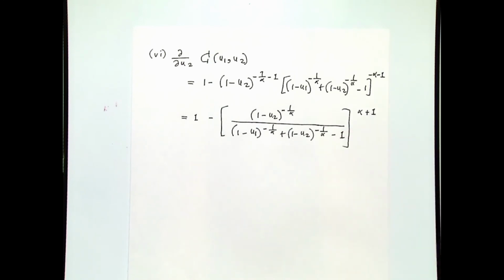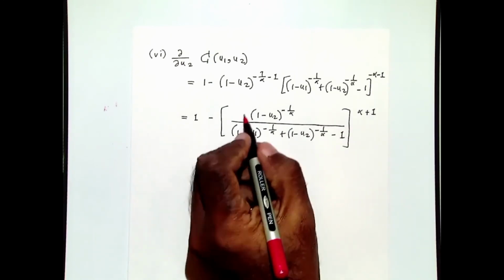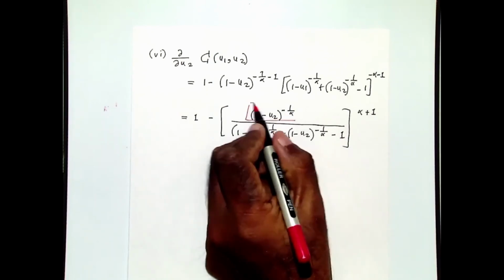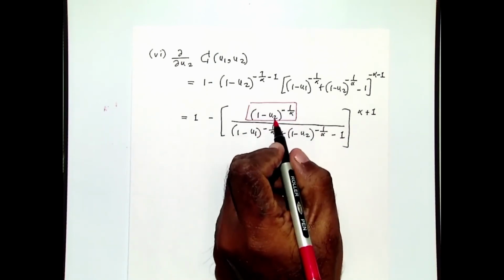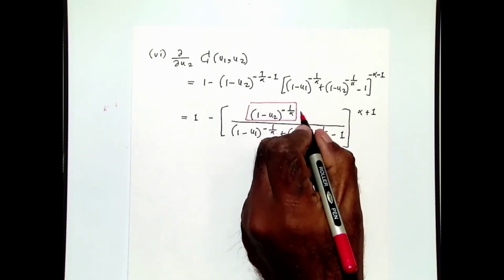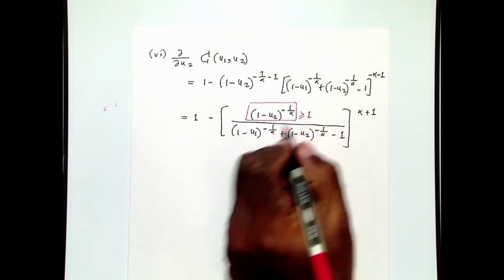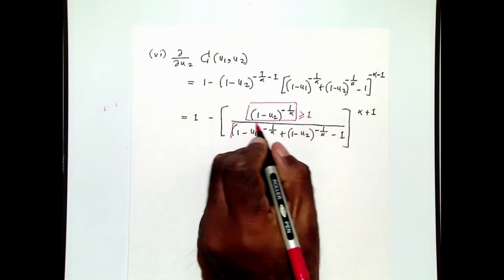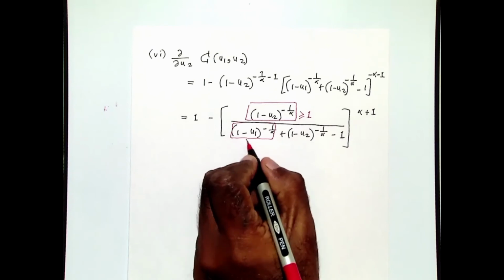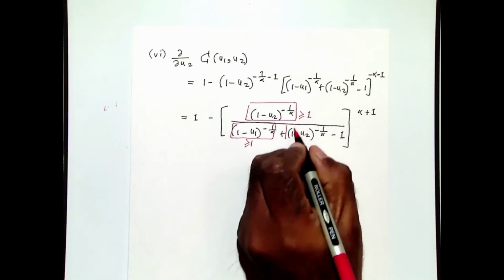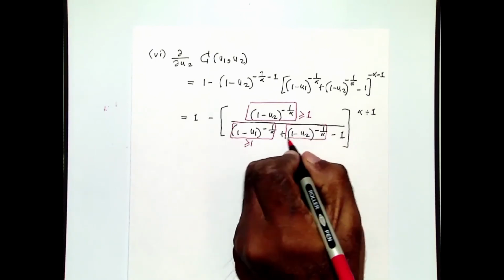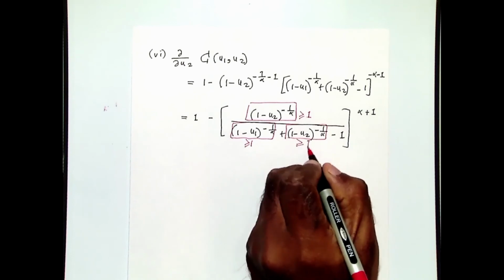Now the argument is the same as before, right? This guy here, because u2 is a number between 0 and 1, has to be greater than or equal to 1. The same argument applies to this, the same argument applies to this, right?